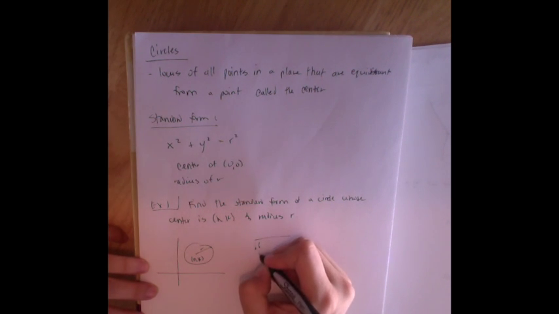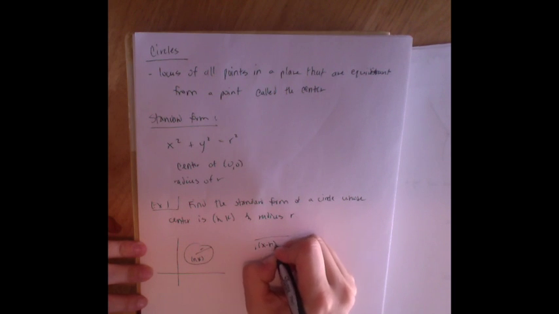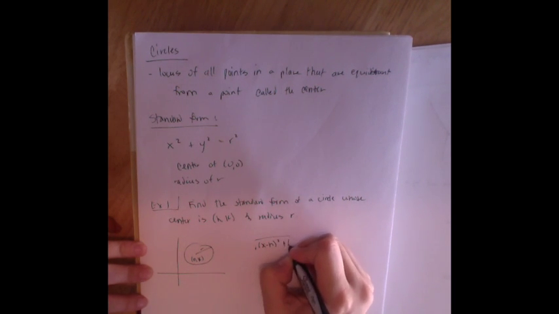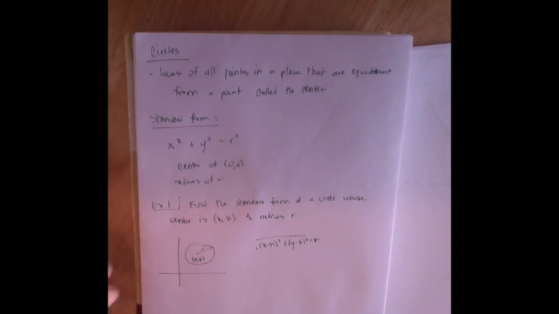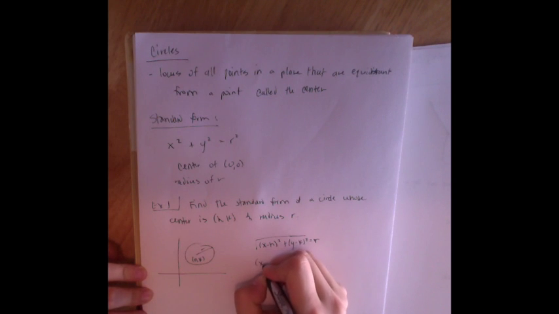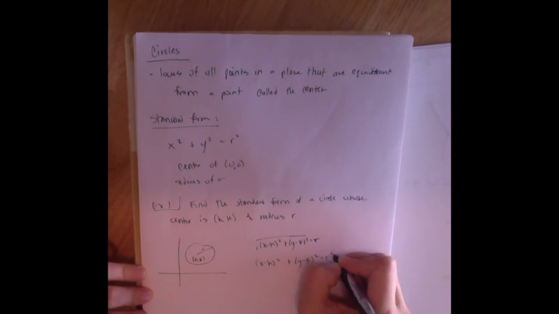So if I do the distance between HK and the point X, Y, so square root of X minus H squared plus Y minus K squared equals R, right? This is saying that the distance between all of these points is equal to R, which is our radius. And if we square both sides, we get X minus H squared plus Y minus K squared is R squared.